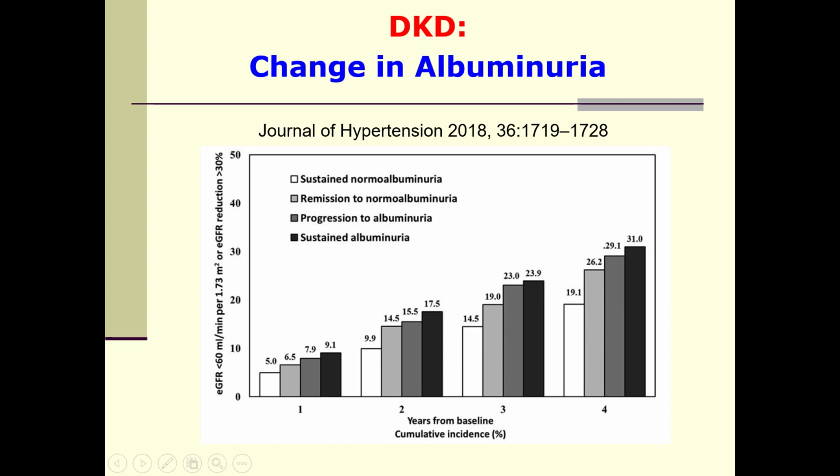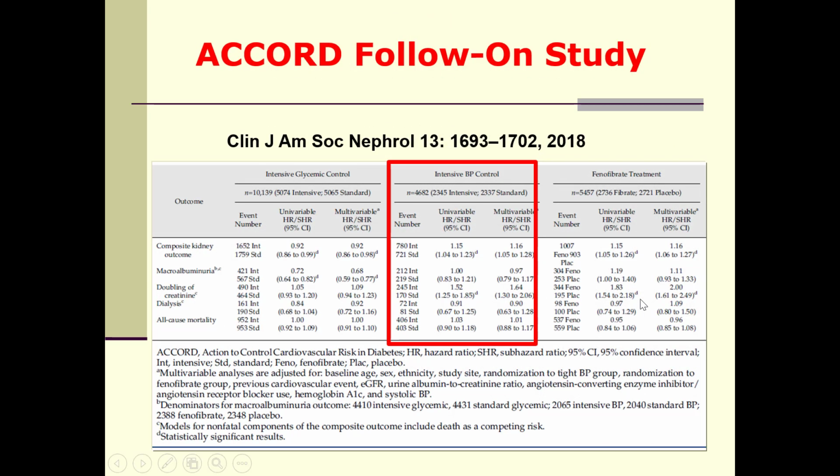So end-stage kidney disease, less than 60 ml per minute, occurs through all different categories, and it is highest with sustained albuminuria. Does it reflect intensive blood pressure control? Maybe, because according to the ACCORD trial and according to this relatively recent publication, intensive blood pressure control in type 2 diabetes is associated with increased incidence of chronic kidney disease.